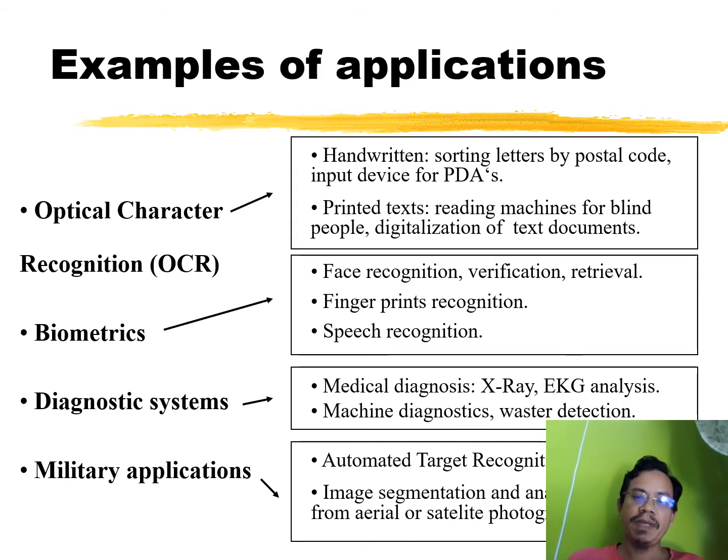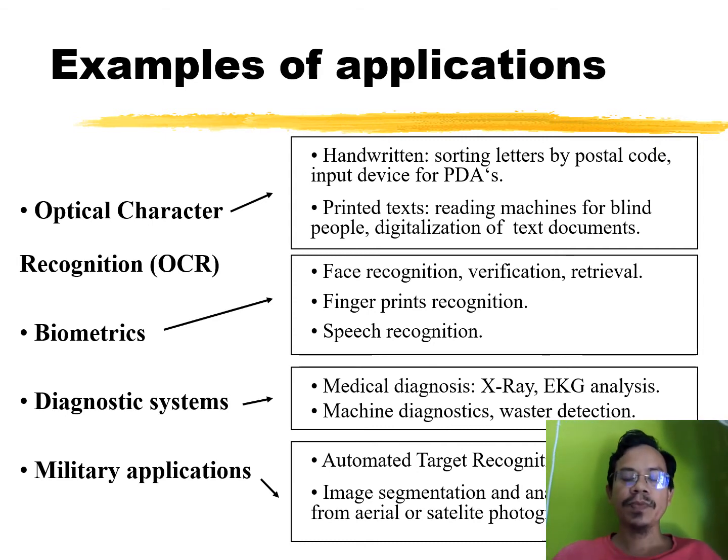Because if you still remember, in order to develop a computer vision or machine vision system, there are a few steps required, where the final stage of the machine vision system is decision or classification.